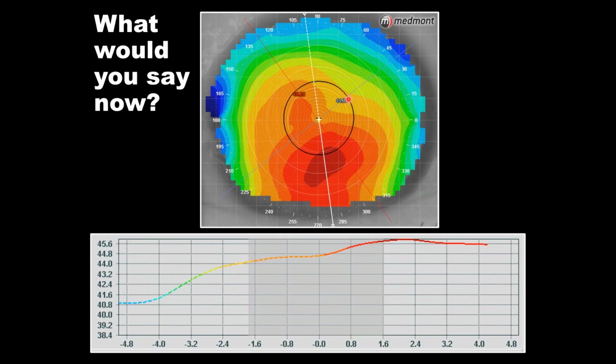What about in the steepest and most asymmetric meridian? Let's again focus in on that pupil area. Going north, we read about 44.25 in the superior pupil. Going south, about 45.75. So basically, we're clicking on this point and this point to determine what is the power spread across the pupil.